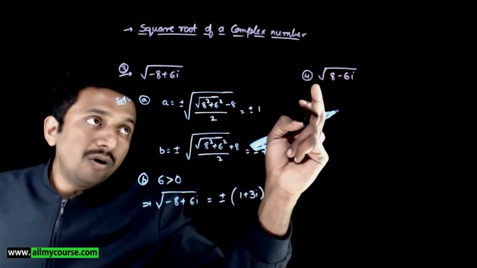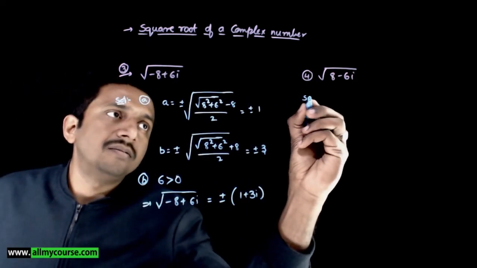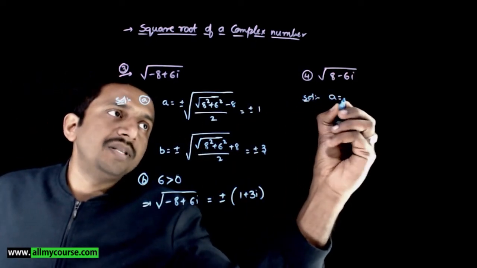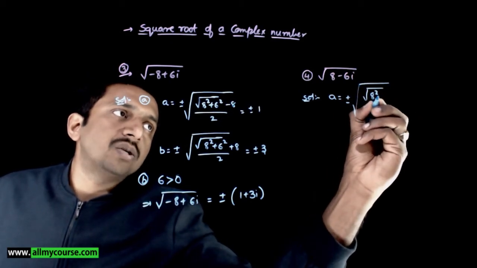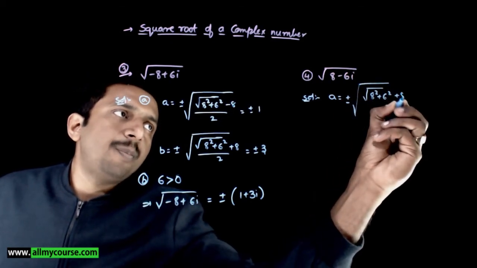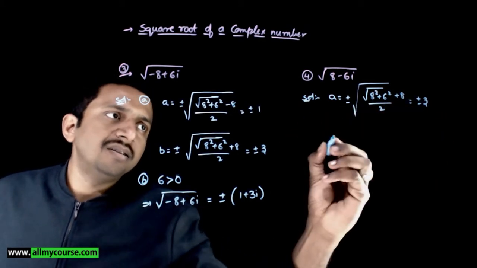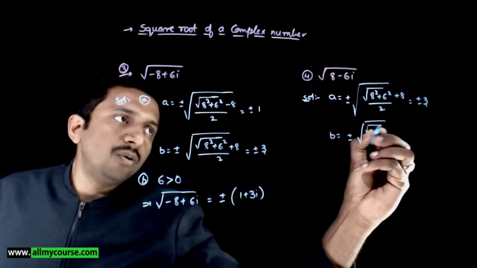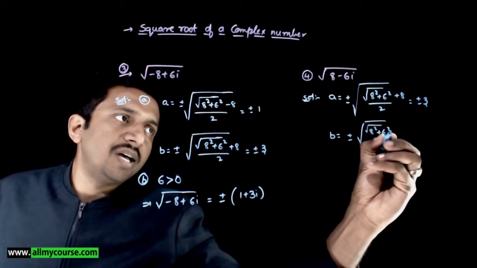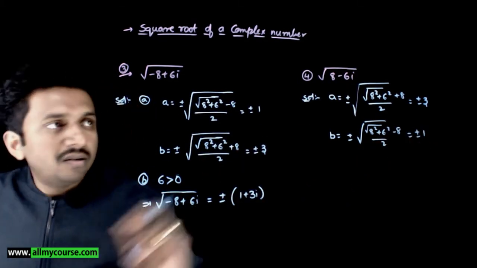Next, root of 8 minus 6i. So the first step, a is equal to root of 8 square plus 6 square plus 8 by 2, that is equal to plus or minus 3. b is equal to plus or minus root of 8 square plus 6 square minus 8 by 2 is equal to plus or minus 1.